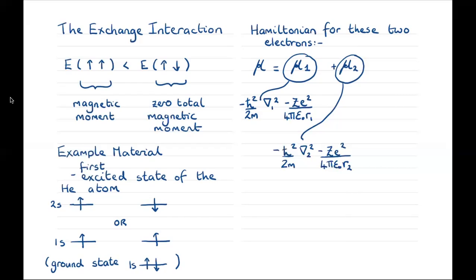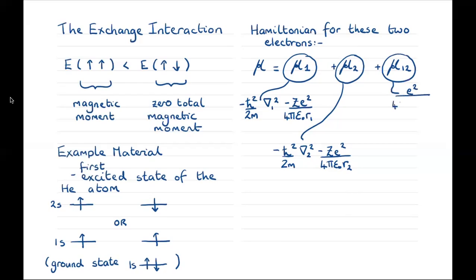But because our electrons are interacting, they experience a Coulomb interaction between themselves. There's a third term in the Hamiltonian, which we'll call H12, to indicate that this is describing both electron 1 and electron 2. And this is the Coulomb interaction between the two electrons.